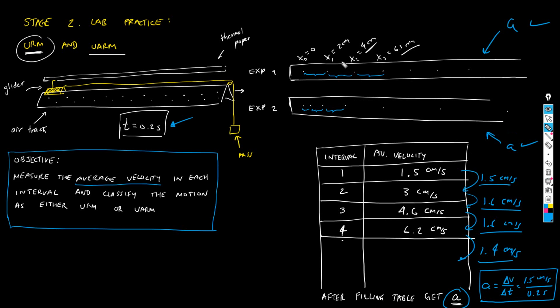And you will find that the acceleration for the first one is 0, meaning that the velocity is constant. And you should find that the acceleration for this one is different than 0, because this is uniformly accelerated motion. So that's how the experiment works, guys, and you can start working on it right away.